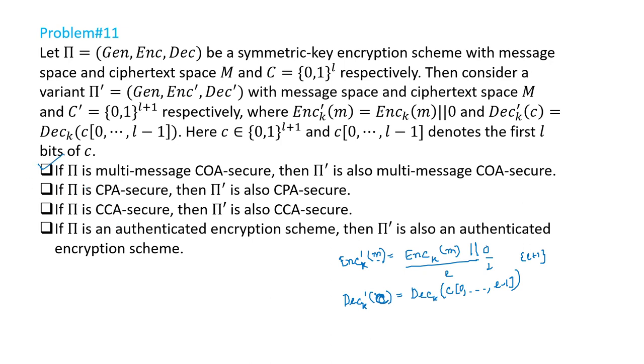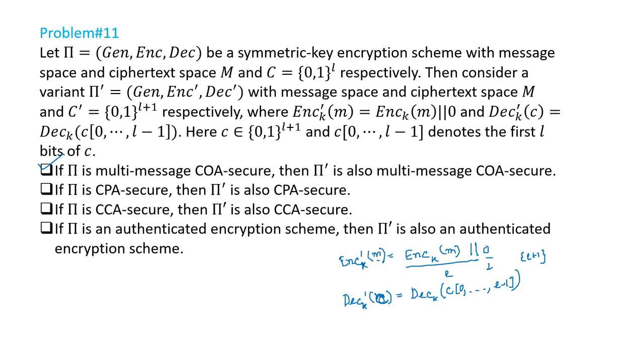A similar argument goes with CPA security as well, because if pi dash is not CPA secure, that will imply that by exploiting the encryption oracle, it is possible for a probabilistic polynomial time adversary to distinguish between the ciphertexts of two different plaintexts m0 and m1.